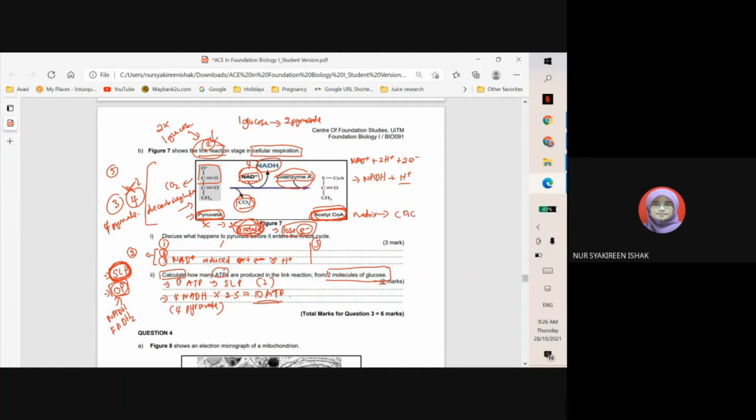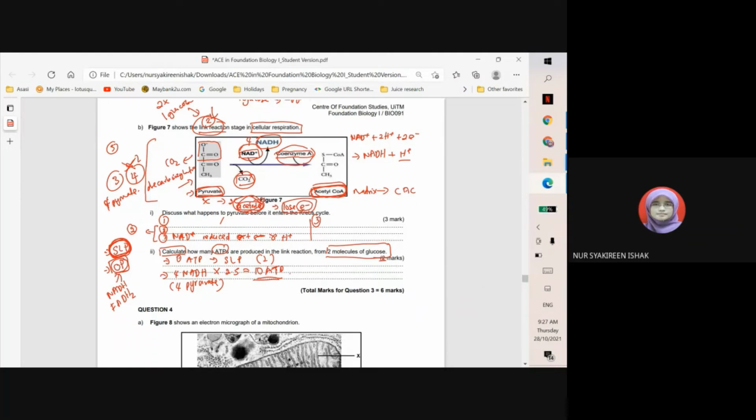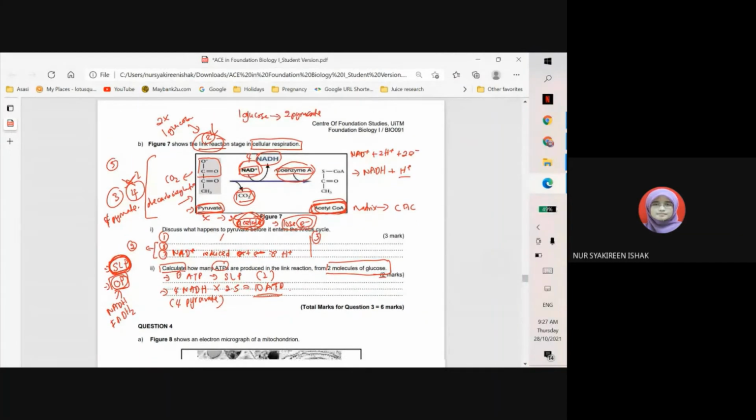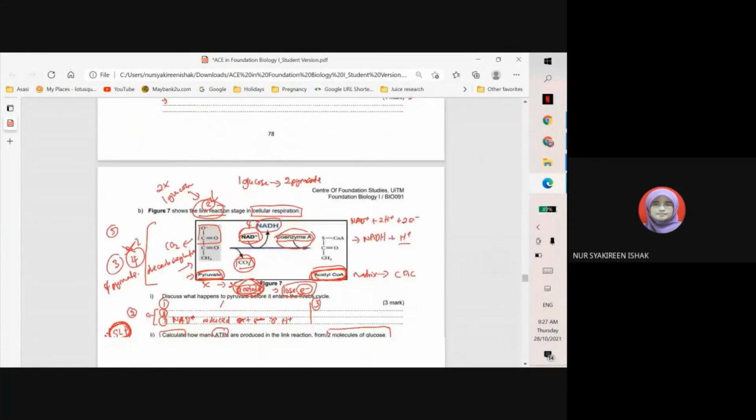Okay, soalan ni dia nak trick awak. Kalau untuk dua glucose molecule berapa banyak pula? So awak kena double every product for each of the stages tu. Okay. So itulah untuk soalan yang kedua of question 3.